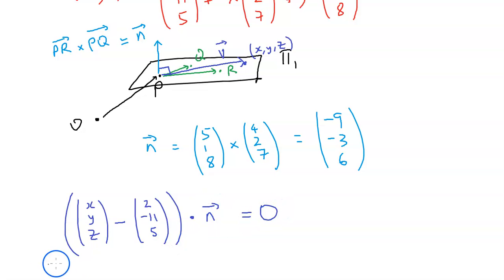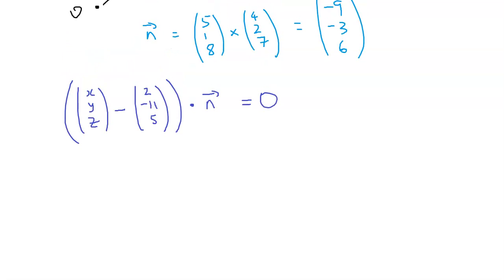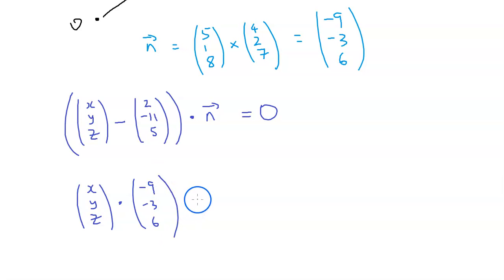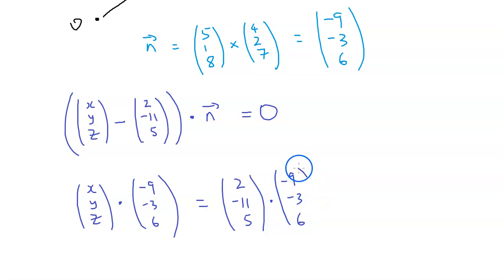is equal to 0. And using the linearity property of the dot product, we can split this up into (x, y, z) dotted with n, which is (-9, -3, 6), is equal to (2, -11, 5) dotted with n, so (-9, -3, 6).